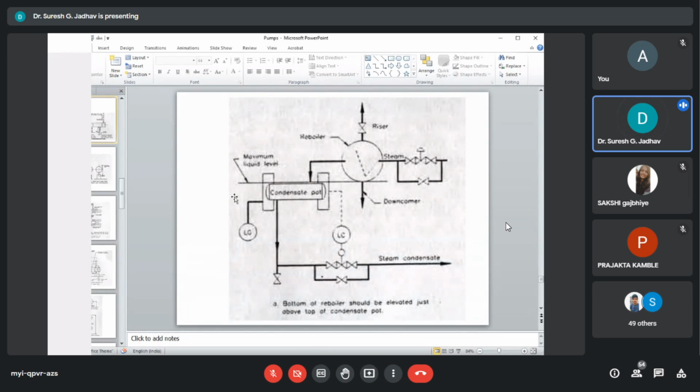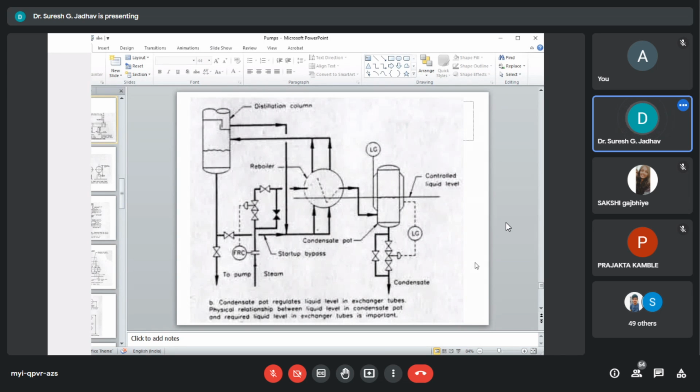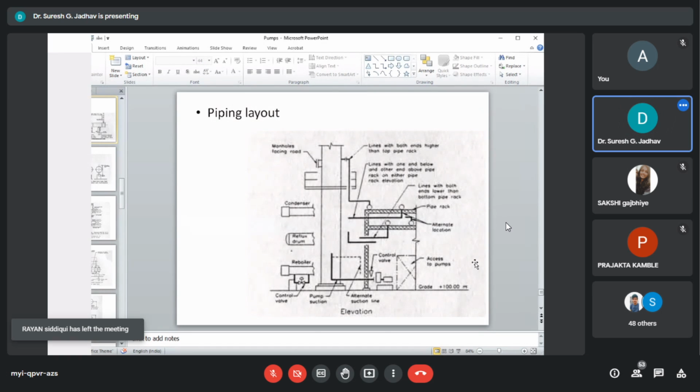In the two arrangements we can consider the elevation difference marked as H. This figure provides the static head for flow in reboiler circuits and to overcome friction losses in the exchanger, downcomer and return lines. The pumps are located below the rack as per the details indicated in the section of pumps. So, with the help of this arrangement, we can locate the equipment.